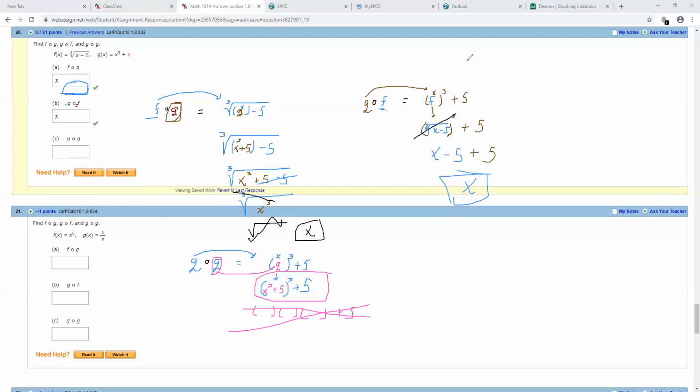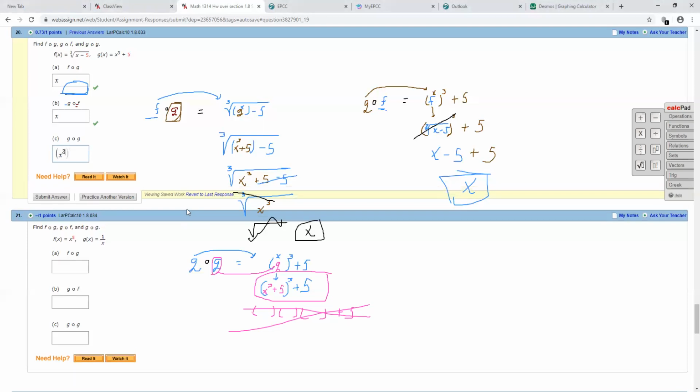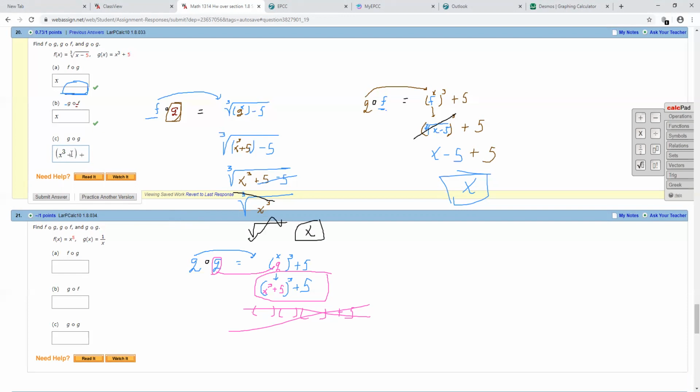Oh, okay. So we put... Would we have to put the parentheses, or we just put everything as is, x cubed plus 5 cubed plus 5?